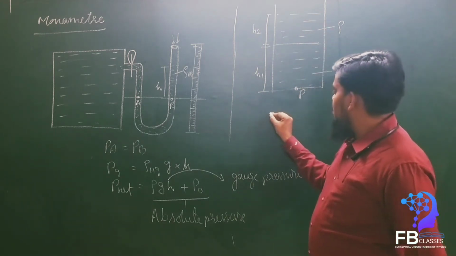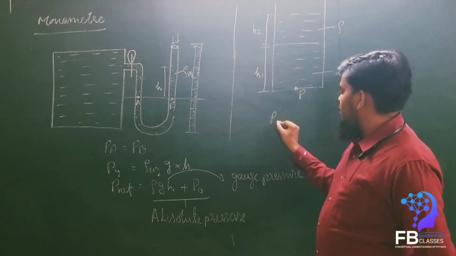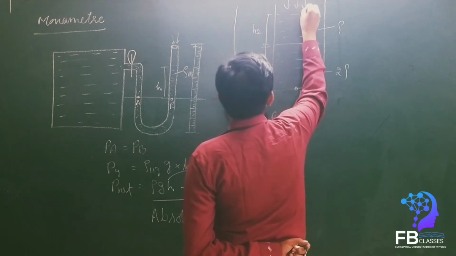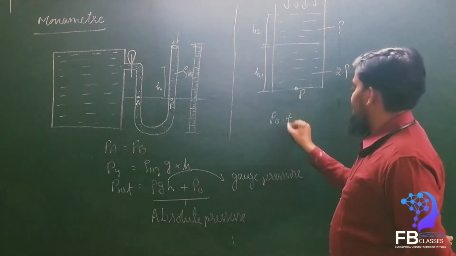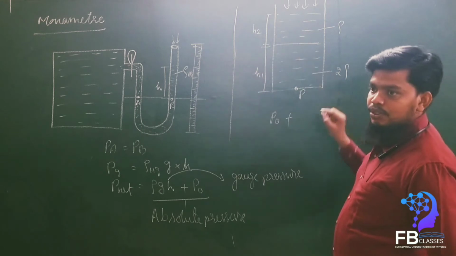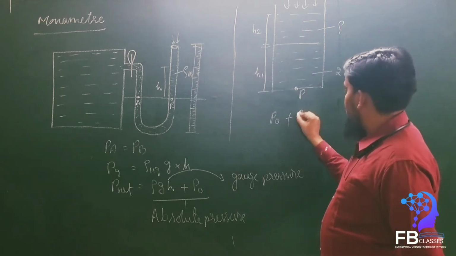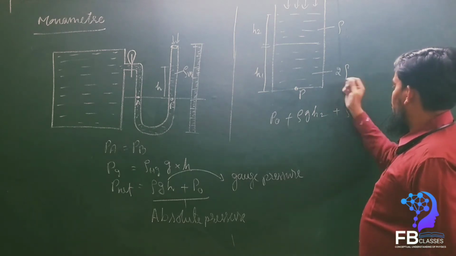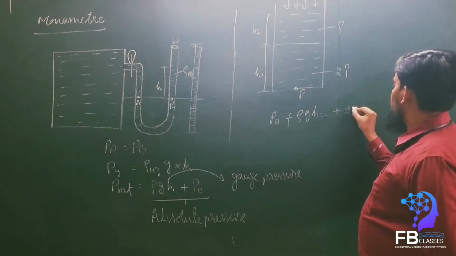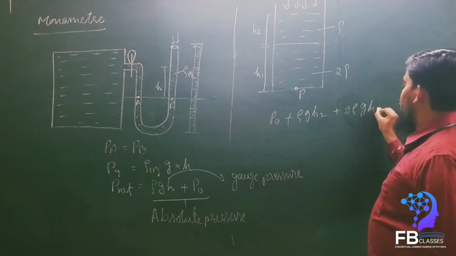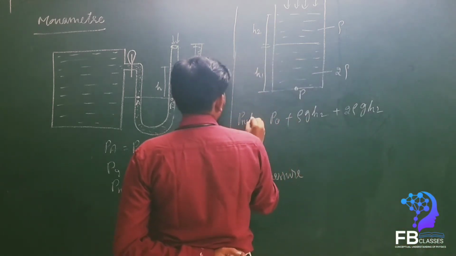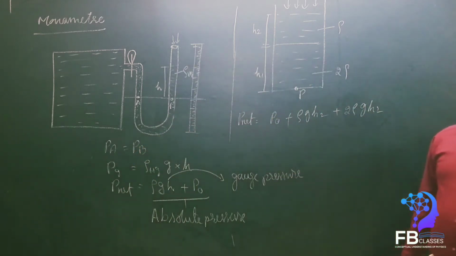It is an open container, so first there will be P naught, the atmospheric pressure. This is the atmospheric pressure P naught plus the pressure due to the first liquid, rho g H1, plus the second liquid term, 2 rho g H2. Simple. This is P net, P net at the point P. Are you getting my point? Do you understand very clearly?